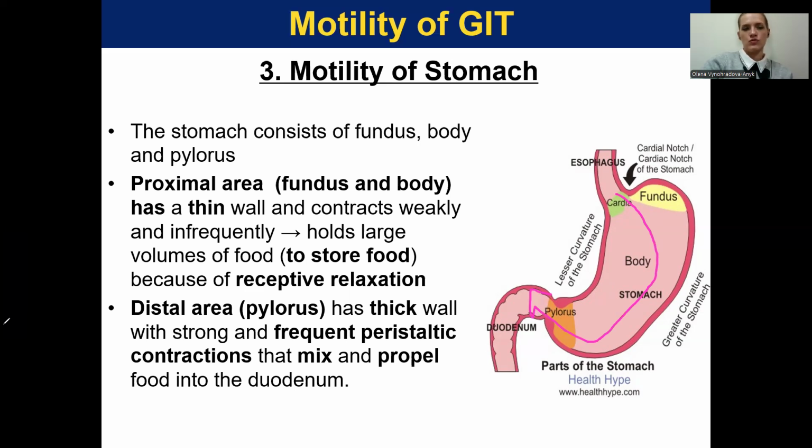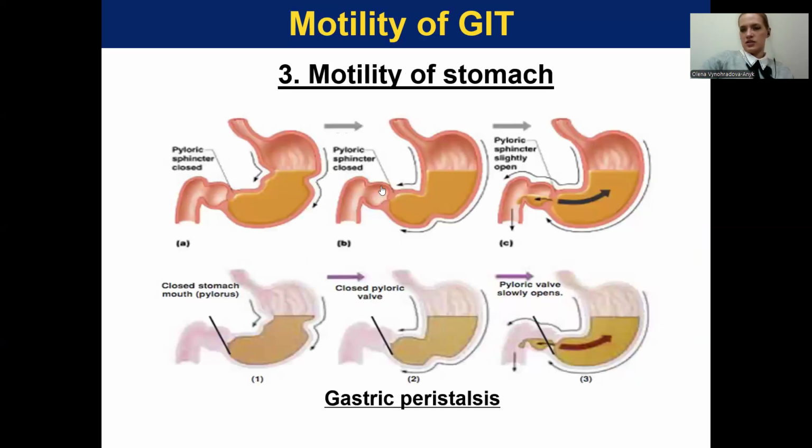For that, of course, we have the help of contractility and motility of our stomach. There are different ways of motility. You can see the food will be mixed here, and step by step through the pyloric sphincter will be released to the duodenum.